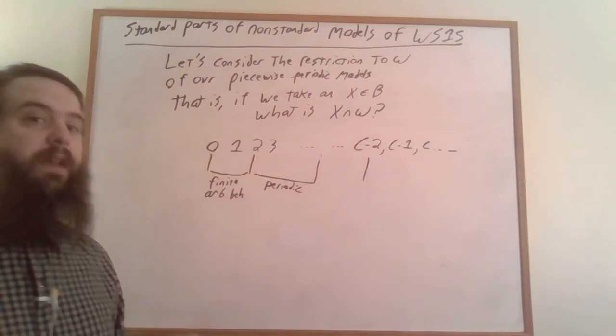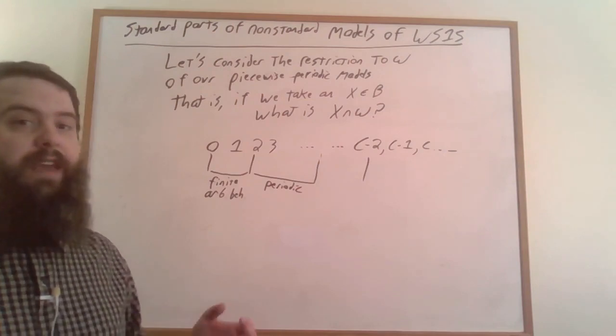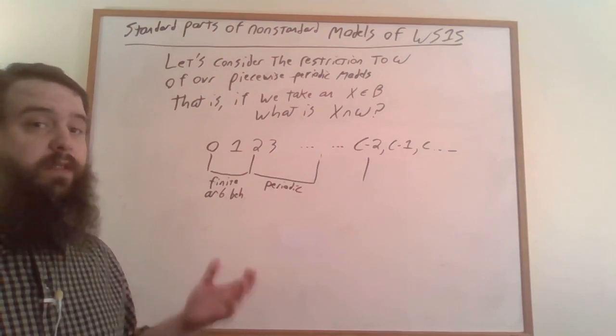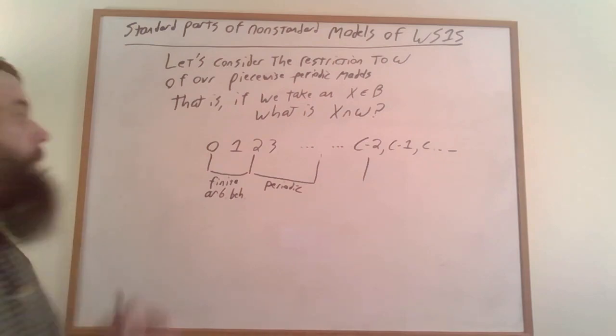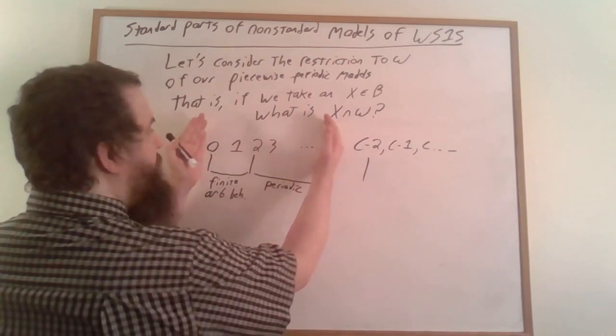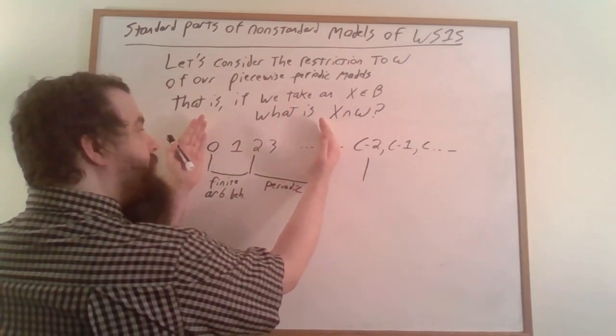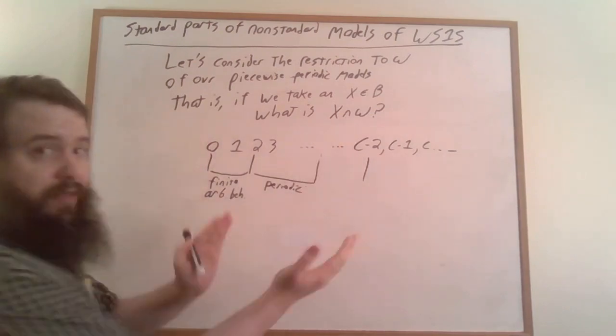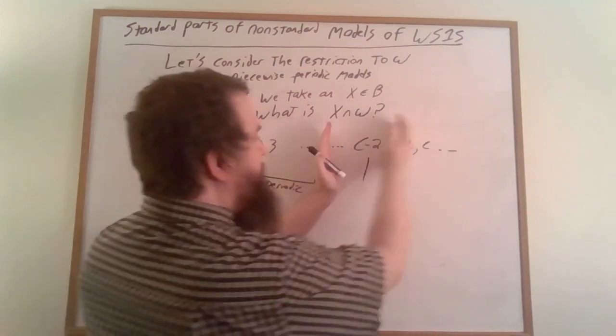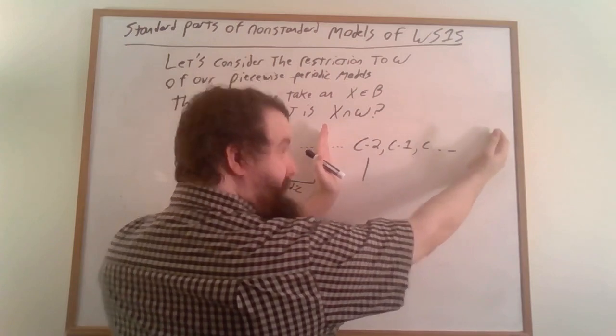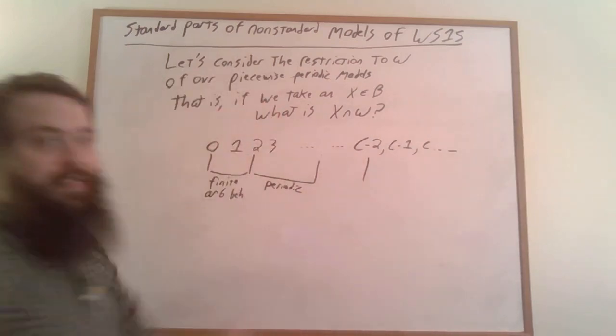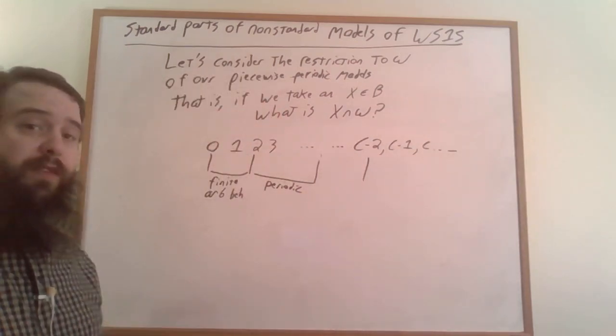Again, the goal here is to start our investigation of the second order parts of these non-standard models by just restricting our attention to what those second order elements are doing over here. We'll answer questions about what those second order elements are doing over on the non-standard part later. But for now, I just want to focus our attention.